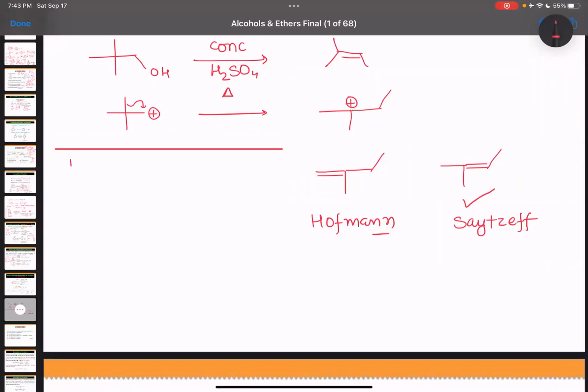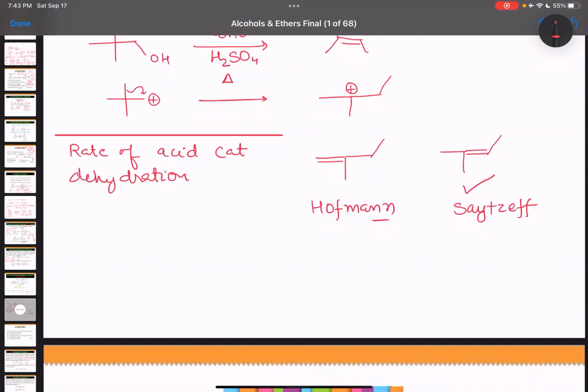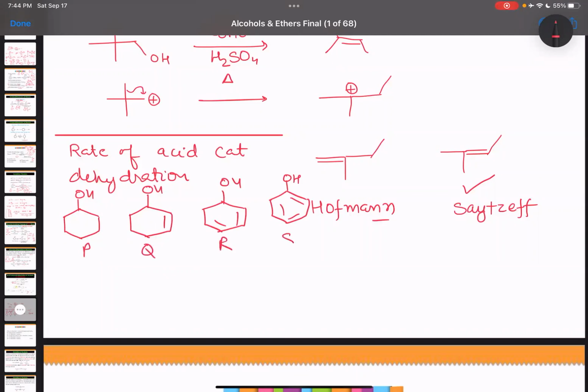So what's going to be the rate of dehydration? Very basic question: how easily are these alcohols going to undergo dehydration?